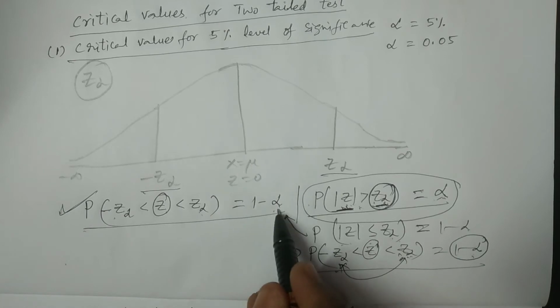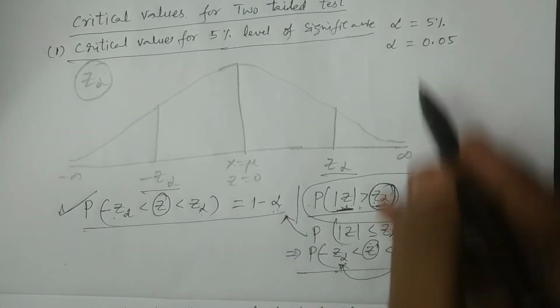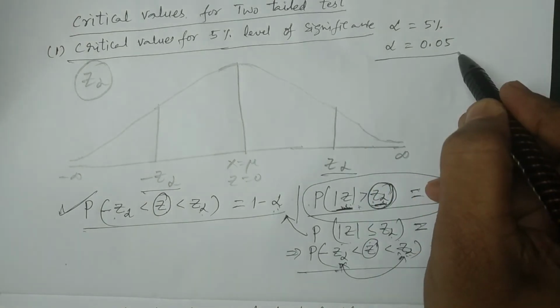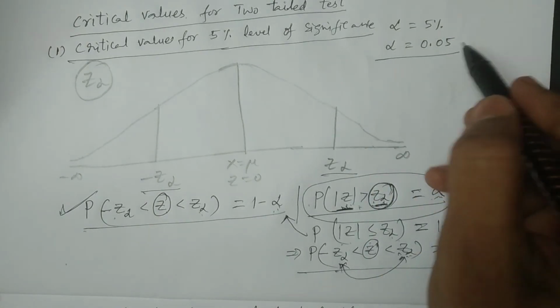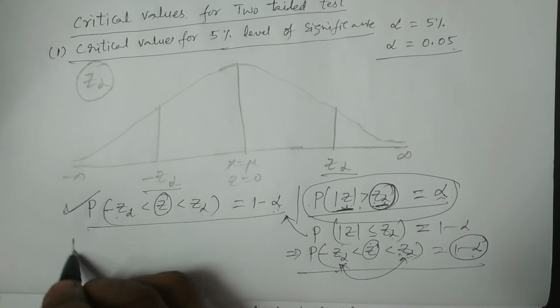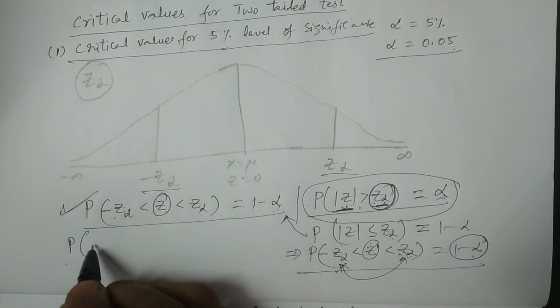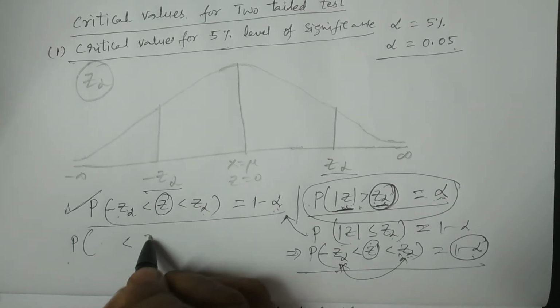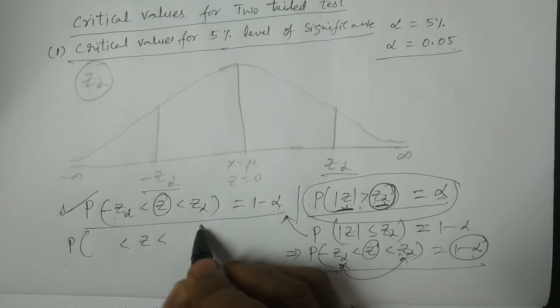If alpha is equal to 5%, that is alpha is equal to 0.05, then I am writing here probability of minus z alpha less than z less than plus z alpha, it is required to calculate.